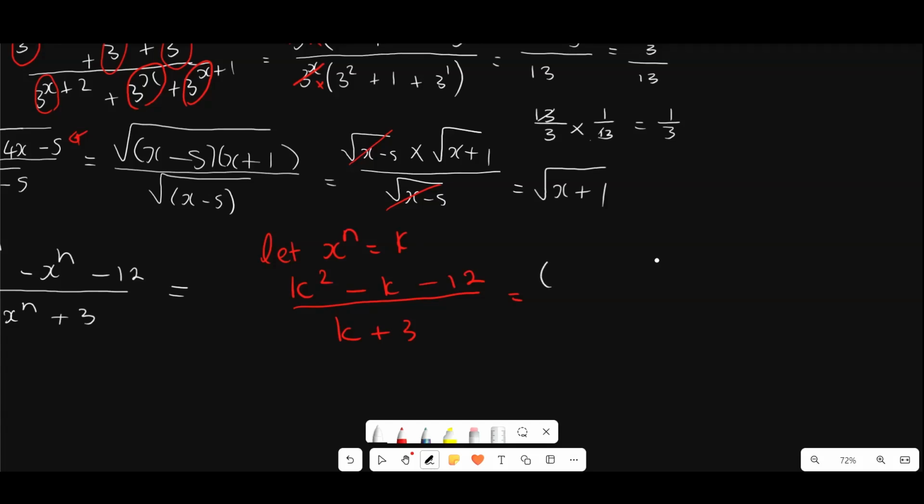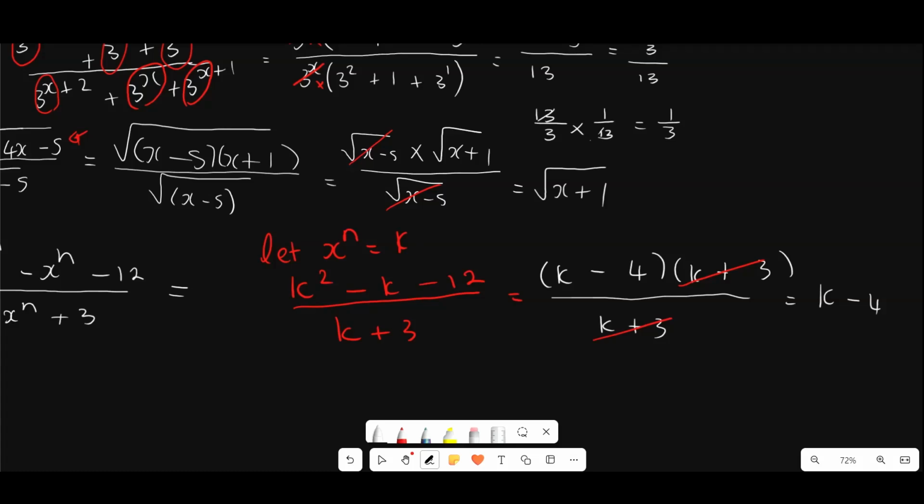So in this case I'll have k and k, and then 4 and 3, because 4 times 3 is 12, and then I have negative, positive. At the bottom I have k plus 3, and hence k plus 3 and k plus 3 will cancel, and my final answer in that case will be k minus 4, right?